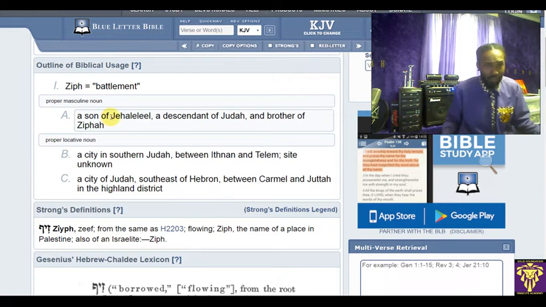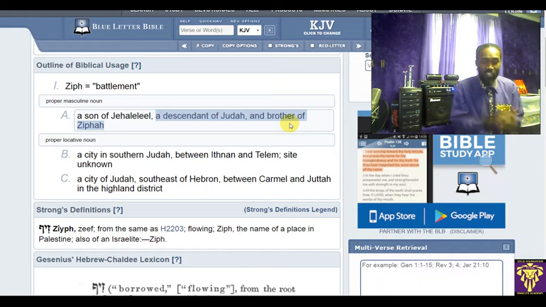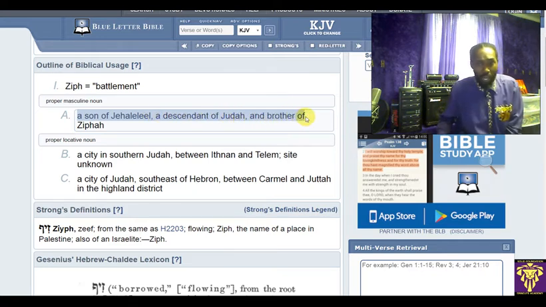A son of Jehaleleel, a descendant of Judah, and brother of Ziph. So who are the Ziphites? The Ziphites are the descendants of Judah, man. The Ziphites are Israelites, Hebrew Israelites. Ziph was a son of Jehaleleel, a descendant of Judah.